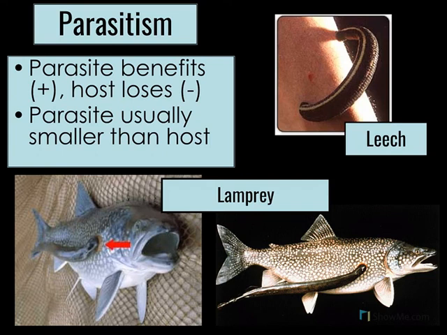But the egrets are capitalizing on this behavior because it allows them to gather their food. And parasitism, kind of a gross one, but this is where one organism benefits at the expense of another one. So there's an organism that is gathering food, getting a meal, but it's at the sacrifice of a host, in this case an organism that is being stolen from. So you can think of a leech, lamprey.